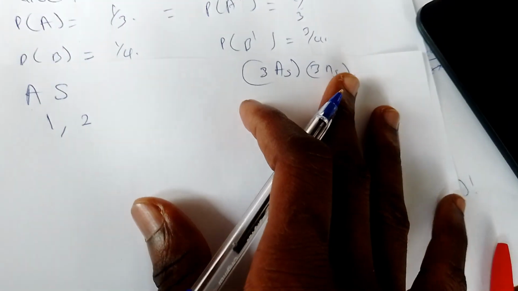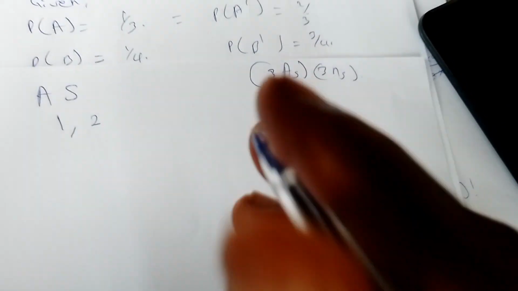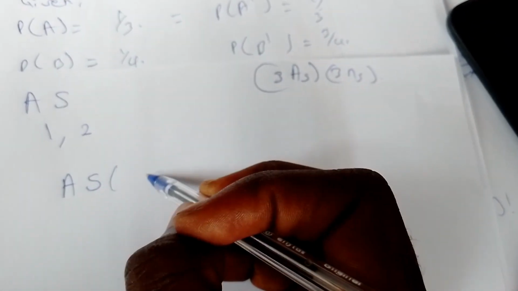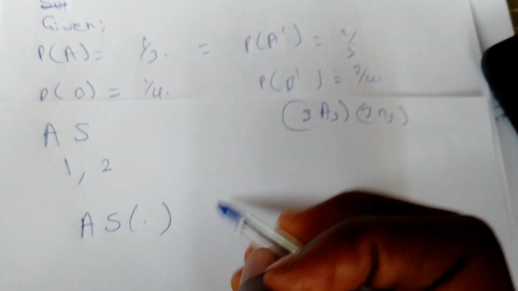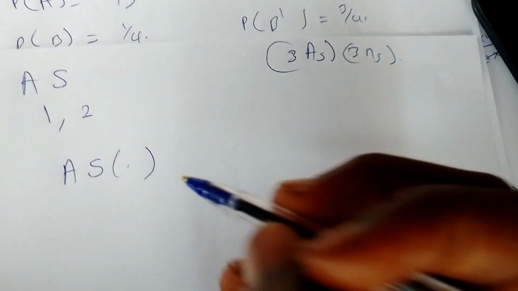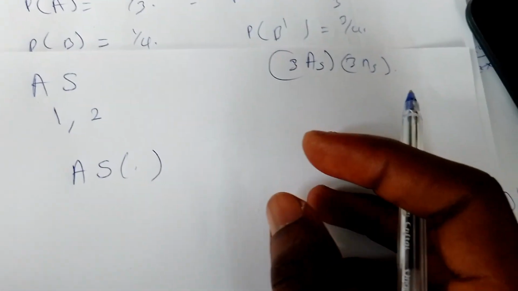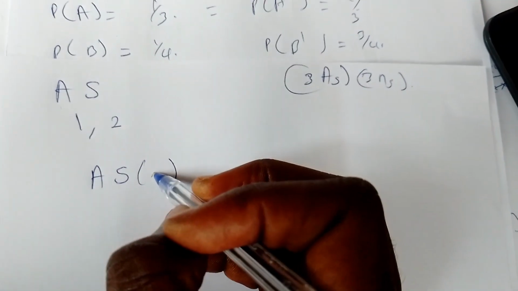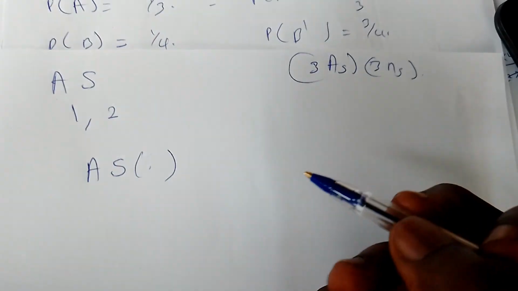Arrangement matters. Now, what you know is that it starts with AS. You don't know the third letter, so something is missing here. How do you find that? You know that there are 26 alphabets.